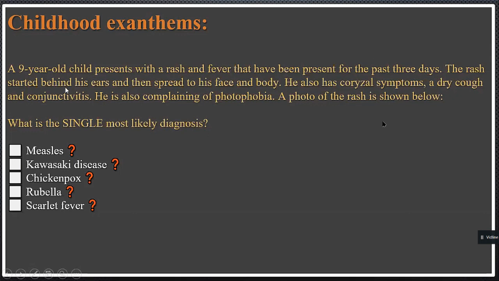It started behind the ear and spread to his face and body. Coryza symptoms also mean prodrome. Dry cough, conjunctivitis, and the photophobia are all confirming. Of course, if you see the image, it will confirm more.